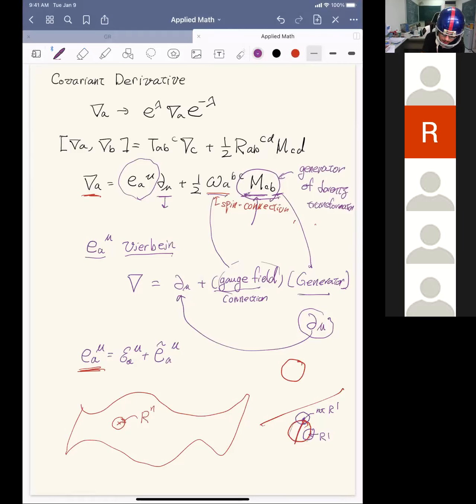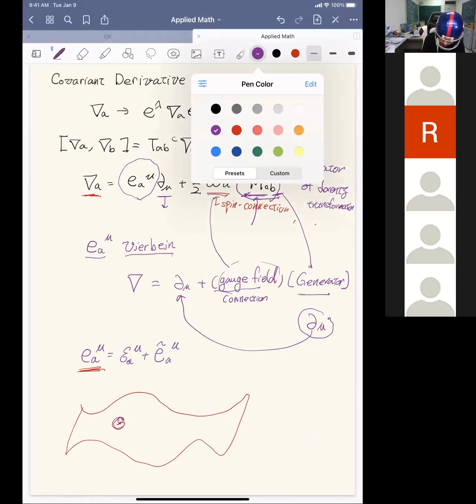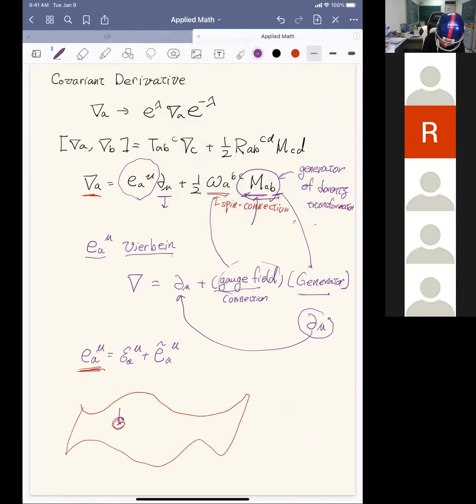So when we're talking about a manifold, which is what you've been doing in the beginning of this course, you're talking about an object which is always locally flat. If it's locally flat, that means we can draw pictures, and we can locally set up an orthogonal coordinate system.